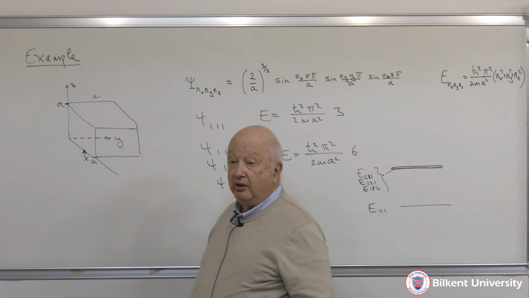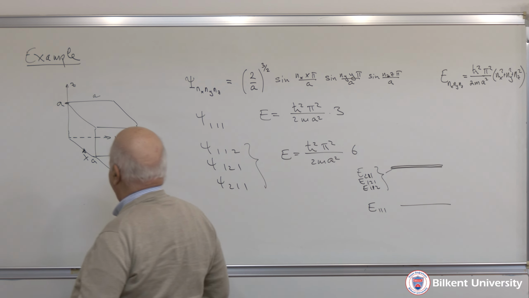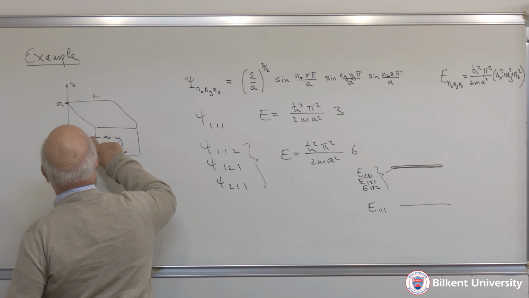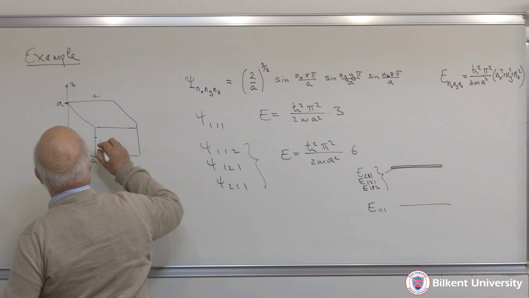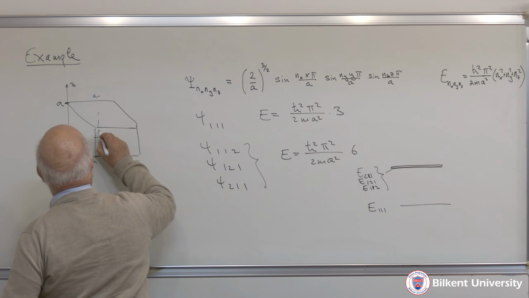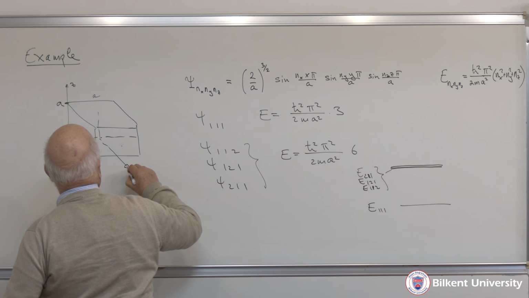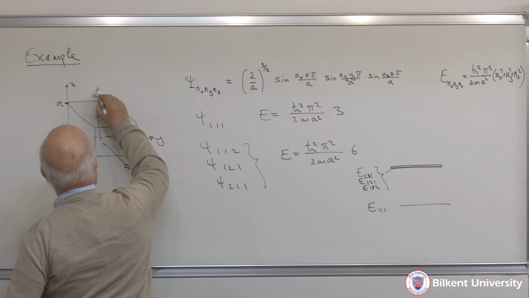Yes, so that's what I'm going to do. I'm just going to shift my origin so that it is in the center here. So it's x and y and z.